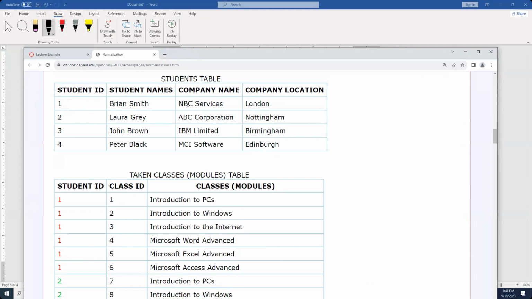Here's the student's name. Here's their company name. Here's their location. We then have a taken class table, which specifies the enrollment. This combination is unique. So student 1 is in class 1, which is Introduction to PCs. They're also in class 2, class 3, and so on.